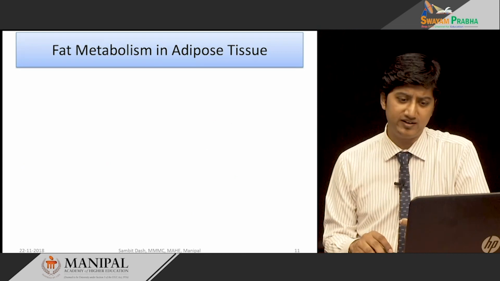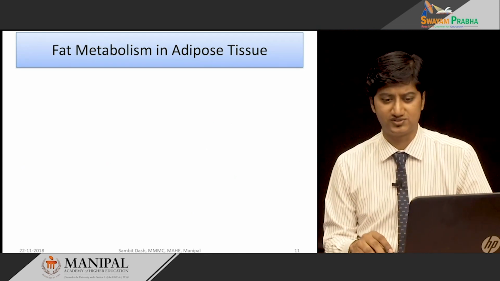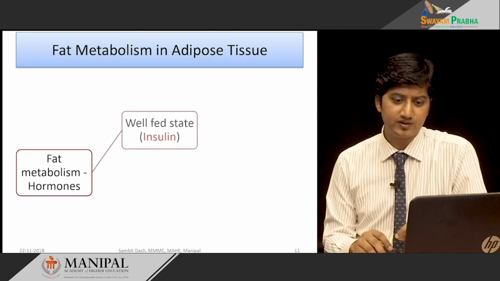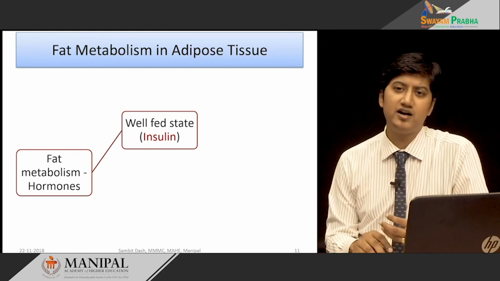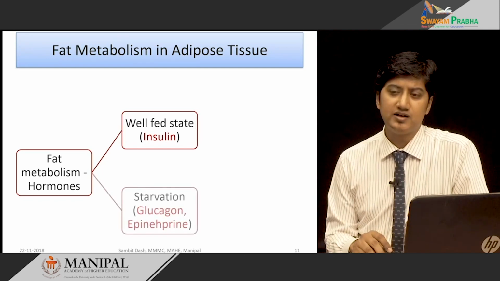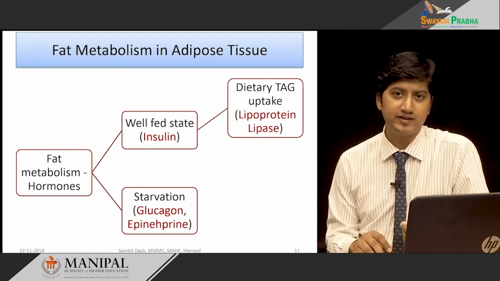It is worthwhile to see the interplay of enzymes in these processes. In a well-fed state, the insulin level increases, and under the influence of this high insulin level, an enzyme lipoprotein lipase gets activated.